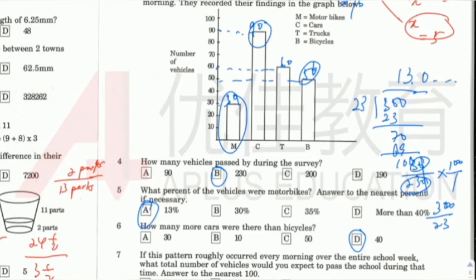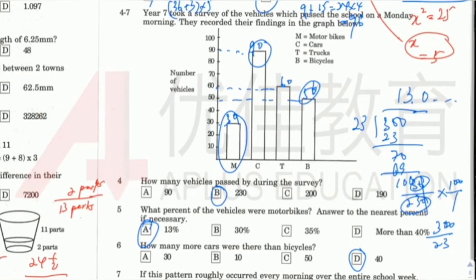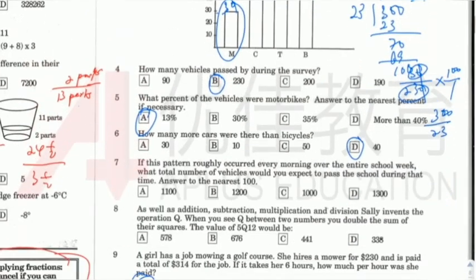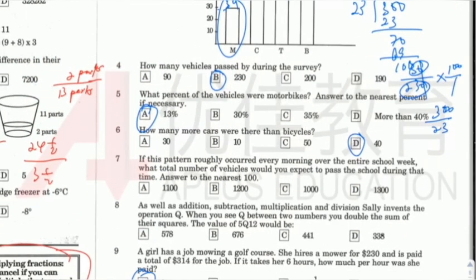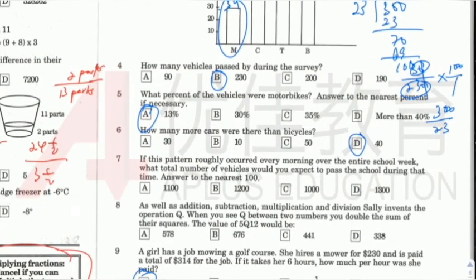We can say that's just one day. We have 230, and we can say on average every day 230 vehicles pass by. So we just need to times by 7. 230 times 7 is 1610.